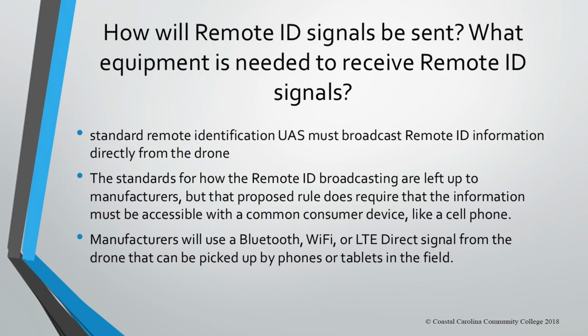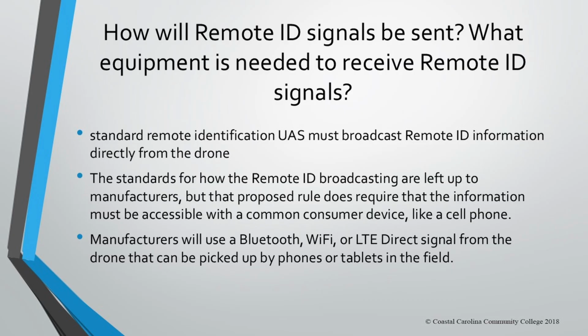How will the remote ID signals be sent? What equipment is needed to receive the signals? Standard remote ID must broadcast the remote ID information directly from the drone. How the remote ID broadcasting is done is left up to the manufacturer, but the rule does require that the information must be accessible with a common consumer device like a cell phone.